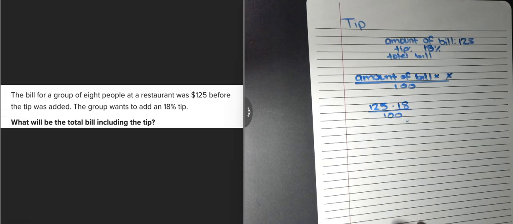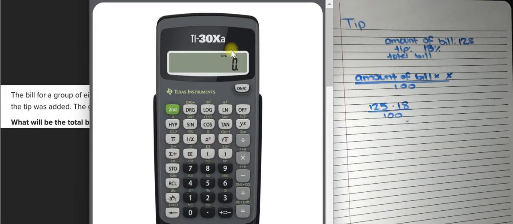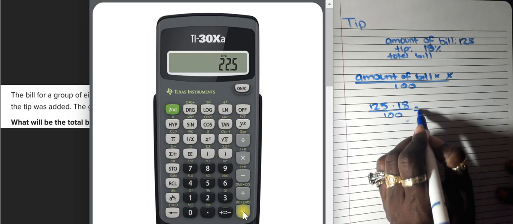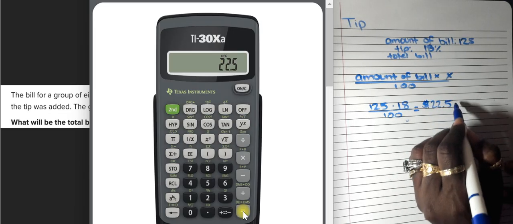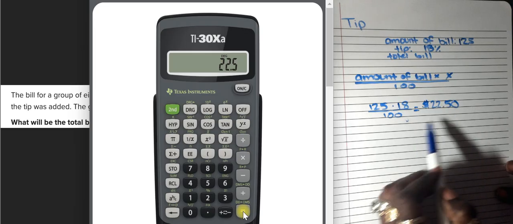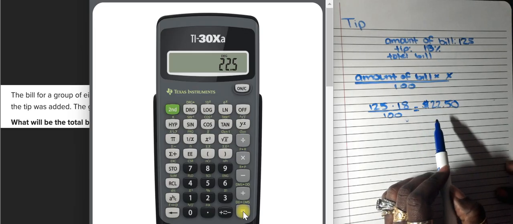All right. So let's see what we get in our calculator. All right. So we have 125 times 18. Okay. And then we're going to divide that by 100. Remember, you can use your base 10 knowledge and just move the decimal. So what that is $22.50. Okay, so see how quick we've already calculated the answer for our tip.